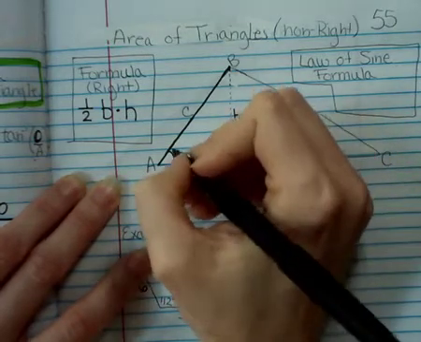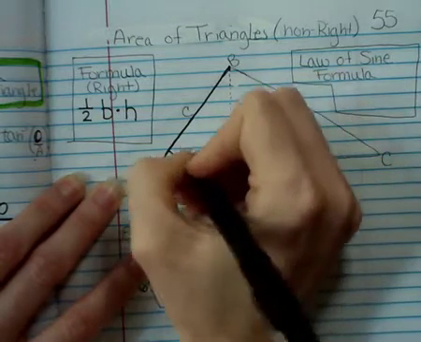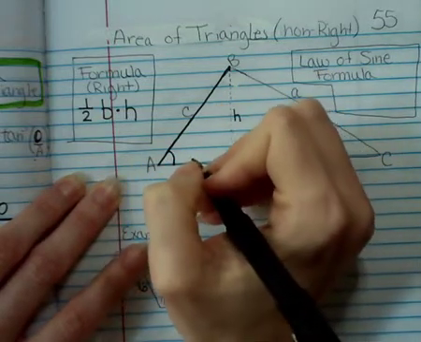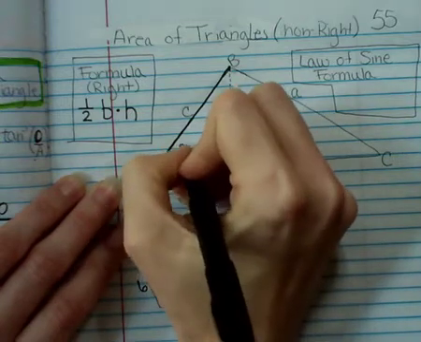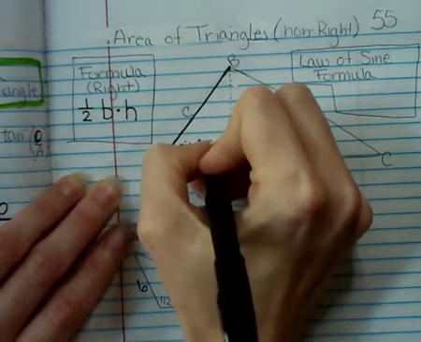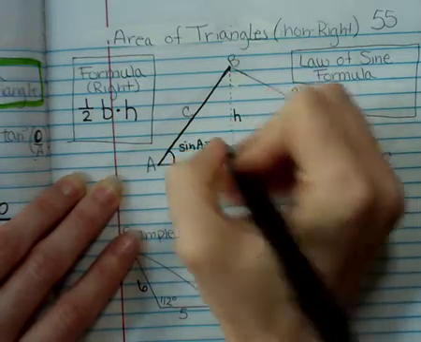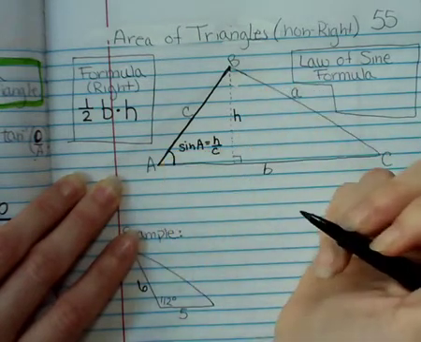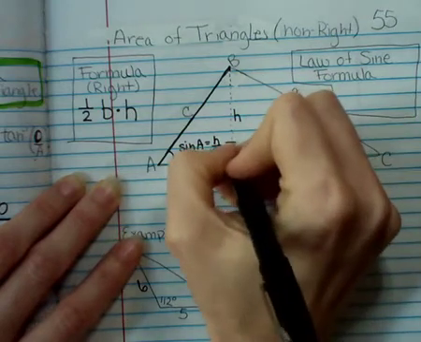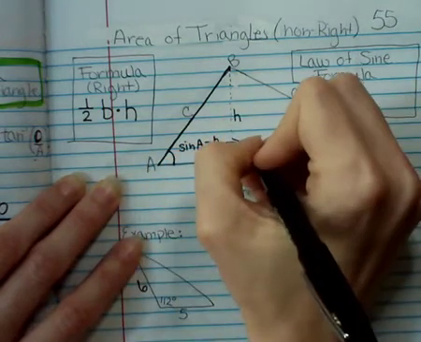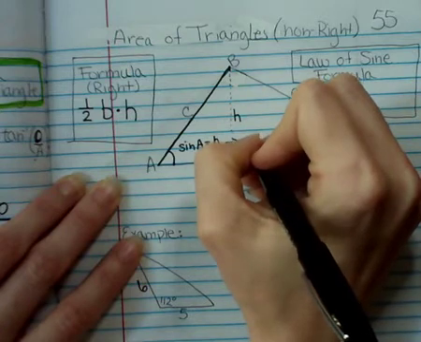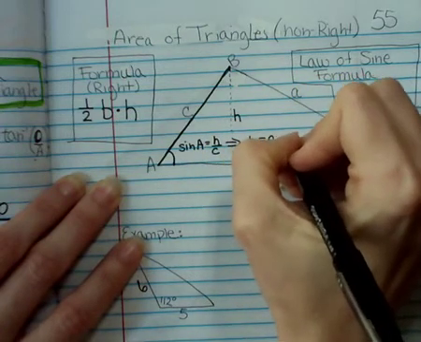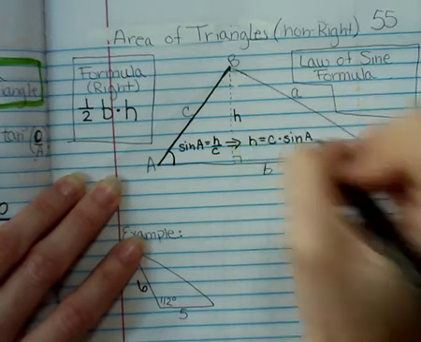If our angle A is the angle we know, then we would use sine of A equals h over c, or height over c. And remember that in order to solve that, we would cross multiply and we would end up with h equals c times the sine of angle A.